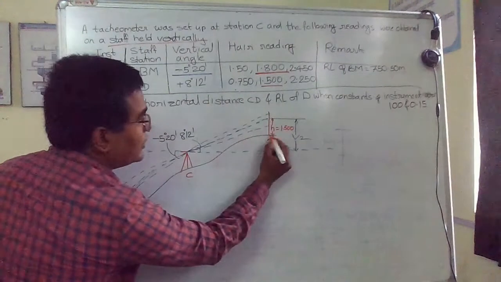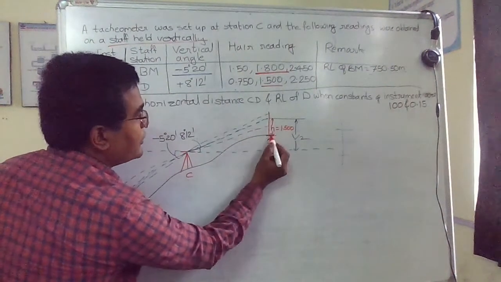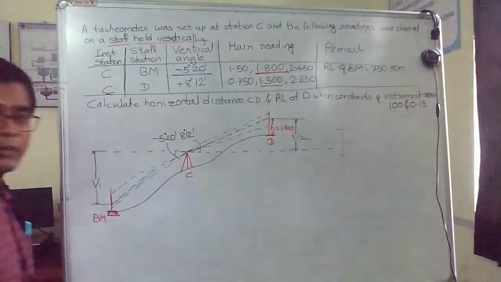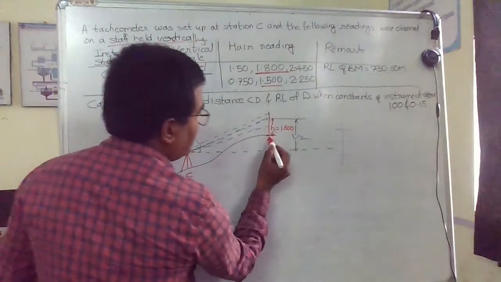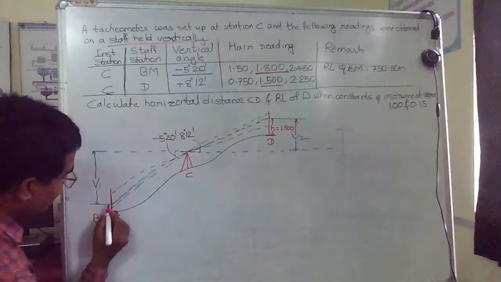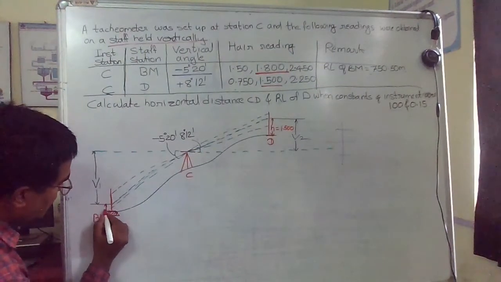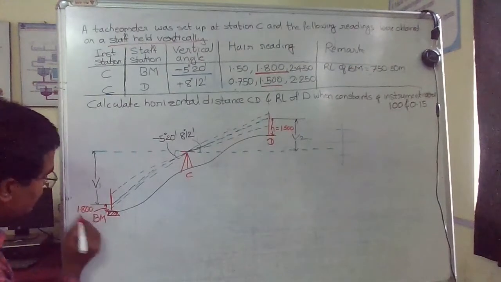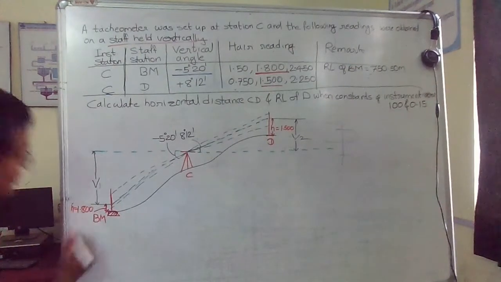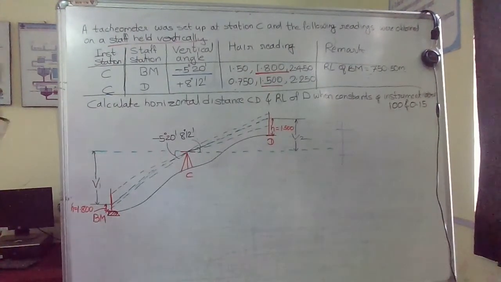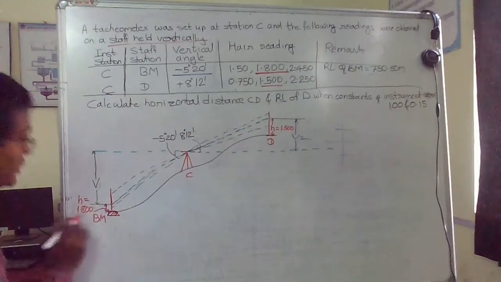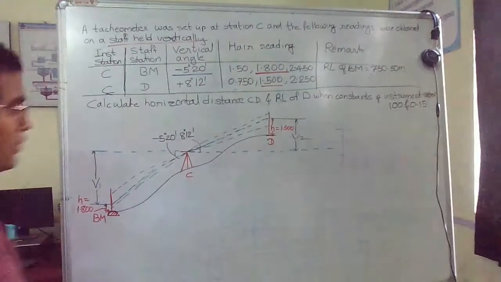It denotes the distance from where the middle crosshair bisects the staff to the point at the ground. Here it is given as 1.800. And what is this? This is nothing but the H. Value of H is equal to 1.8 and here the value of H is 1.5.